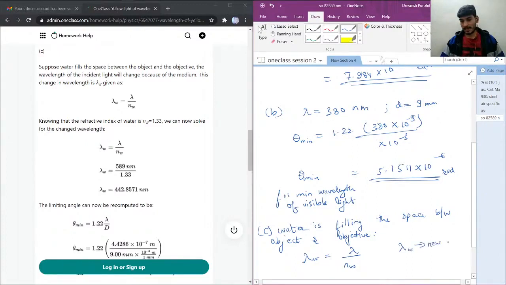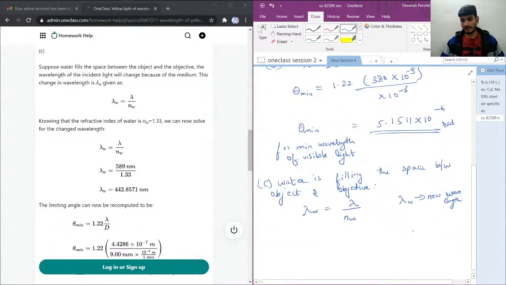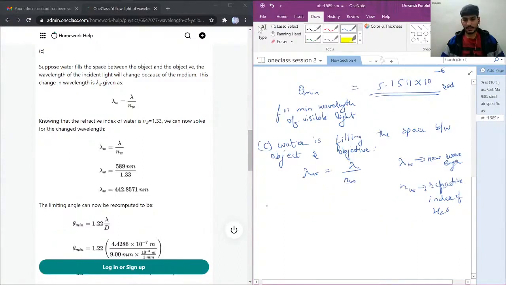I'll just say lambda w is the new wavelength. Then nw is the refractive index of water, and lambda is again going to be 589 nanometers.